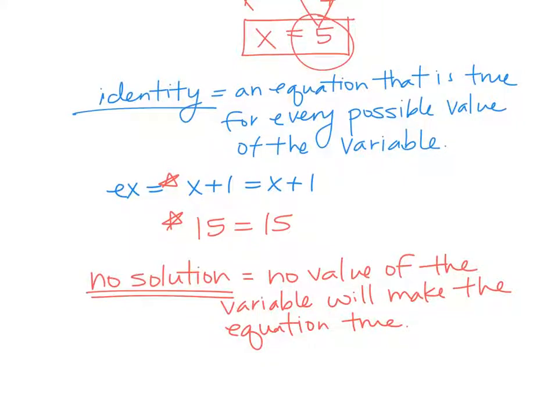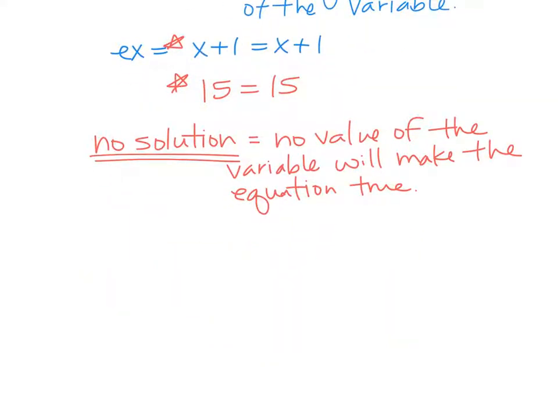Okay, so an example of what a no solution answer might be is something like if I gave you x plus 1 equals x plus 2, right? If I plug in 6 for x, 6 plus 1 does not equal 6 plus 2, right? So if I got this as my answer, I would say no solution. Or maybe you get an answer like this, 5 equals 7. 5 does not equal 7, so we would say no solution for our answer.